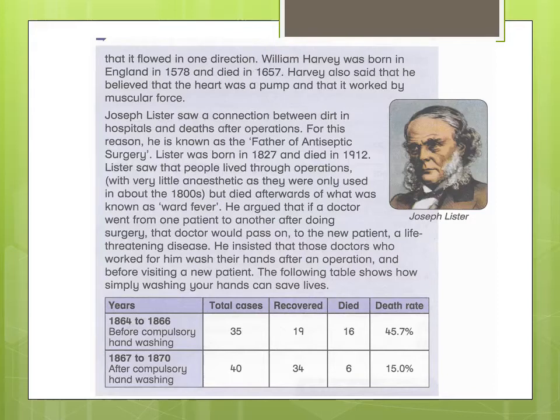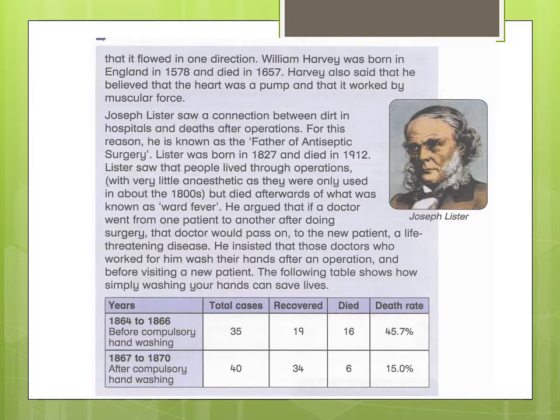Joseph Lister saw a connection between dirt in hospitals and death after operations. For this reason, he is known as the father of antiseptic surgery. Lister was born in 1827 and died in 1912.